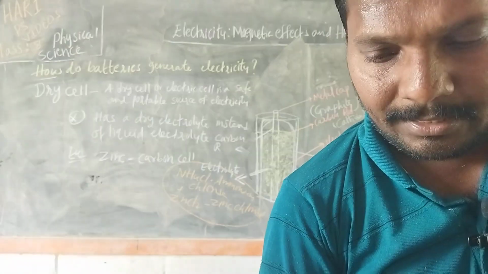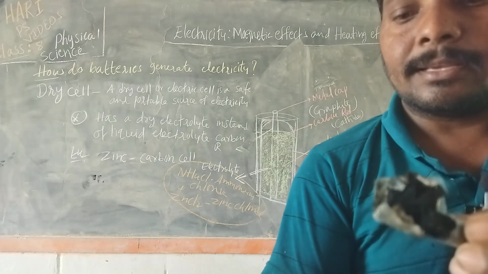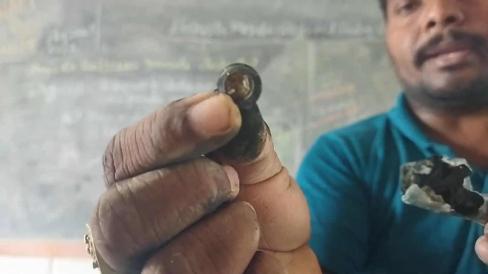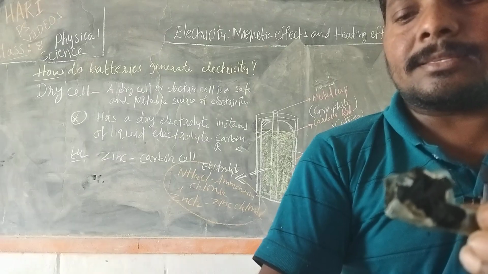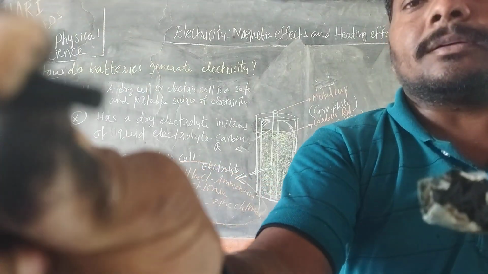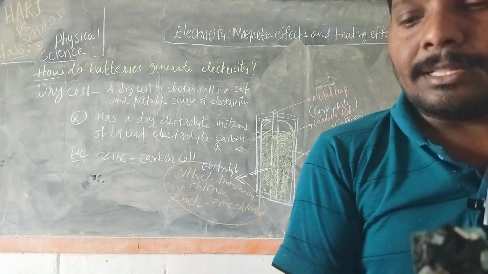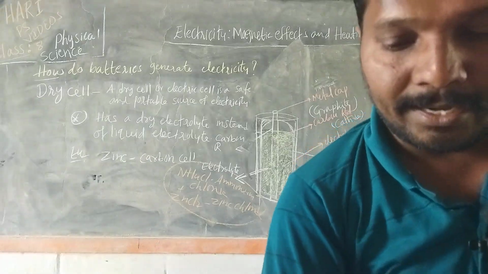The other side also has a zinc plate. It has a small zinc plate. It acts as an anode, and this carbon rod acts as a cathode. That black substance acts as an electrolyte.